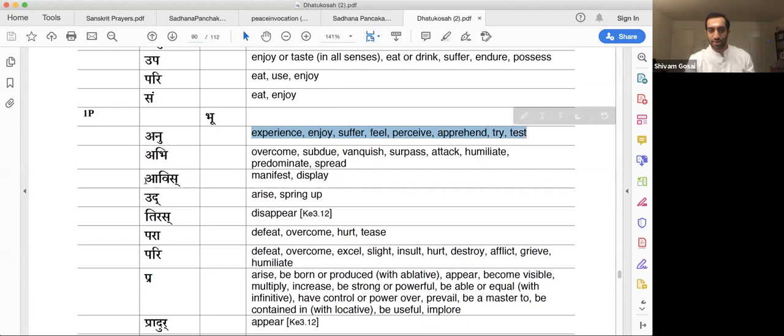If I want to look up avis bu, avis bhavati, manifest, to display. Udbhu, udbhavati, to arise, to spring up. So the second part of this dictionary, we can use if there's a prefix, because the meaning will change.